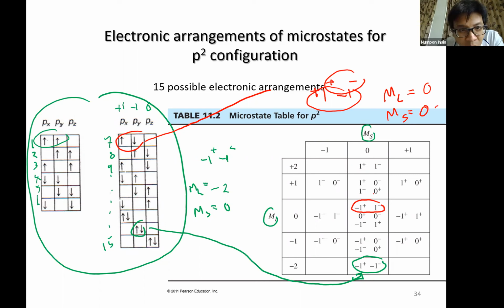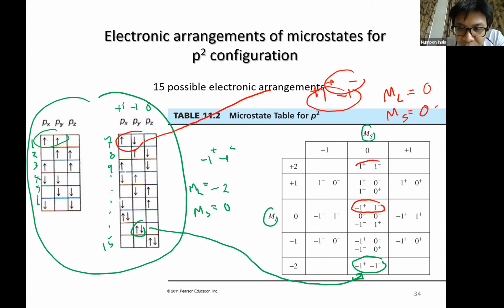Okay, so from these 15, you can put them into the table. And now we don't care anymore what microstate each one came from. We're just going to count. What we care about right now is how many microstates fall into each box.